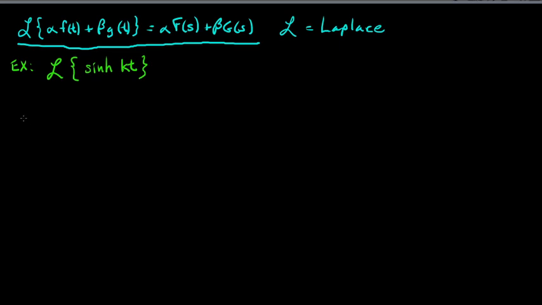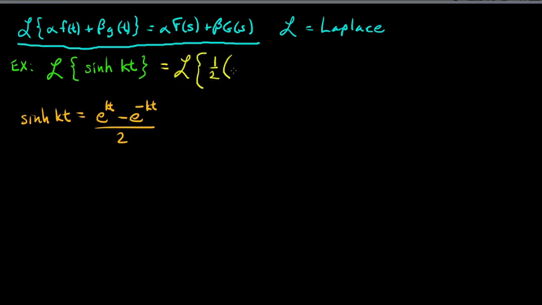You have to remember what hyperbolic sine is. It's e to the kt minus e to the negative kt, all over 2. That's how we're going to calculate the Laplace transform of hyperbolic sine. We're just going to calculate the Laplace transform of one half times e to the kt minus e to the negative kt.